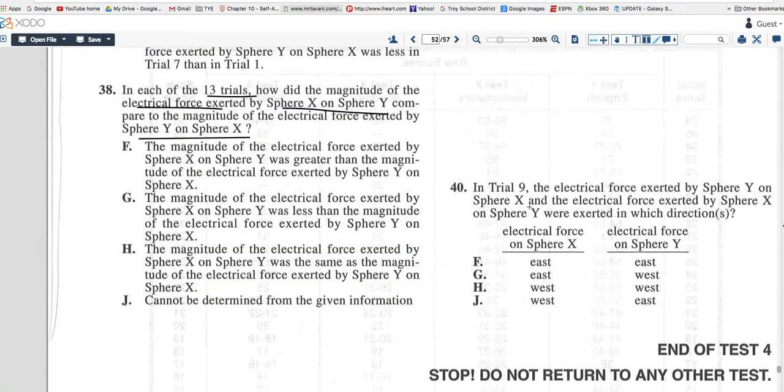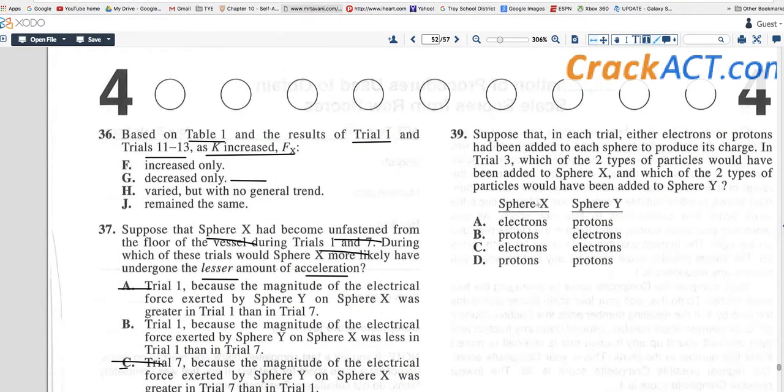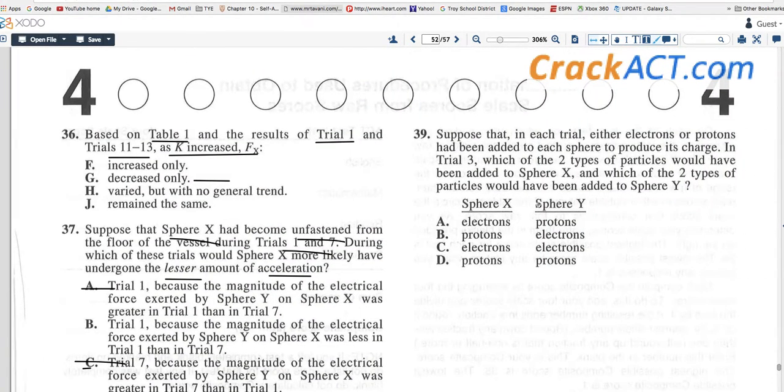All right, 39, who wants to do that? Who wants to do 39? Venkat, give 39 a shot. Okay. Says C. How did you get C?